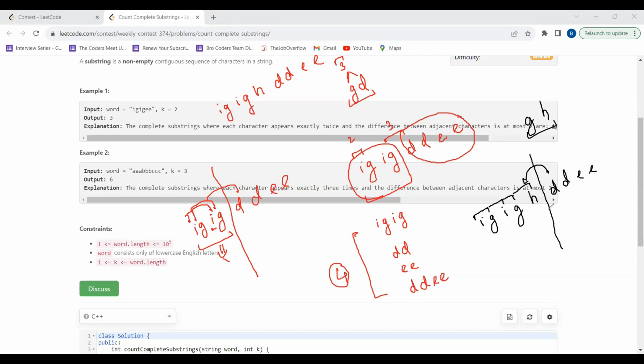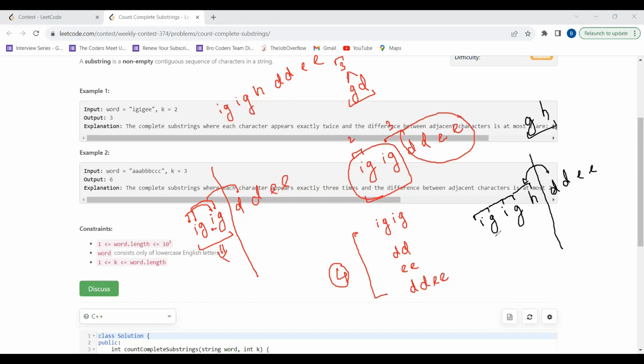Okay, clear? Now this part is clear. Then we'll move to the next part. So how do we check? We are partitioning the string into multiple small substrings, and on what criteria? Such that no two adjacent characters have a difference of more than 2.